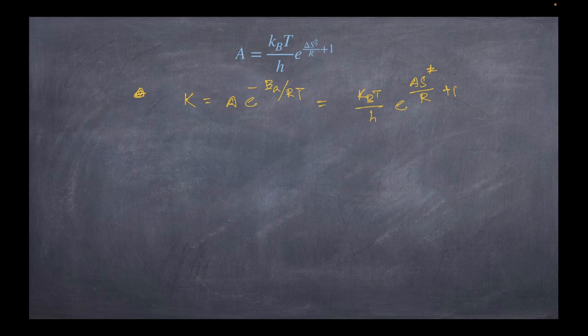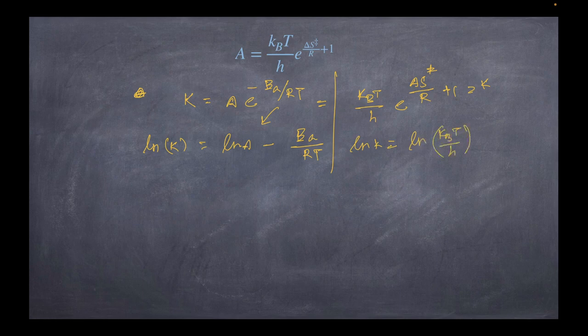Okay, so K is equal to this and K is equal to this. So now let's take ln of both sides of K. From the Arrhenius expression, ln K equals ln A minus EA divided by RT, right? And from the TST expression, ln K equals ln of kBT by h plus delta S double dagger divided by R plus 1, right?